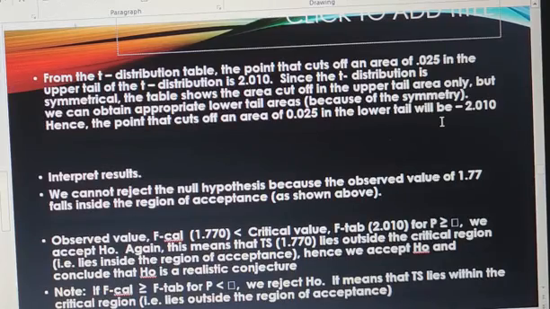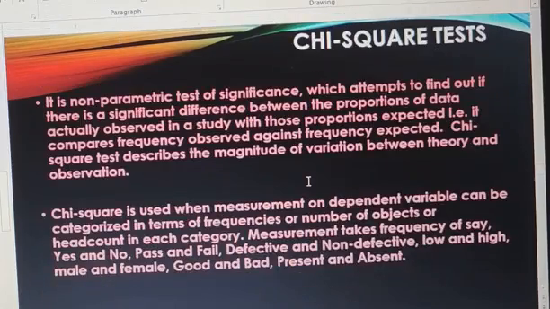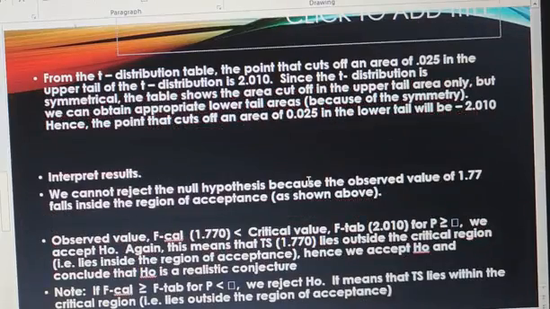Hence, the point that cuts off an area of 0.025 in the lower tail will be minus 2.010.